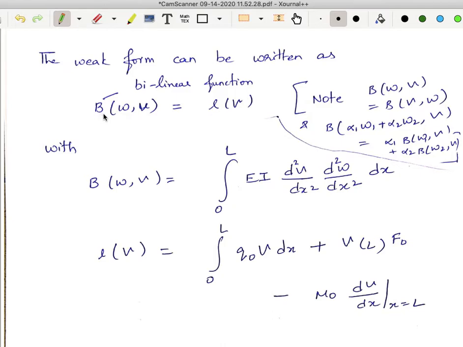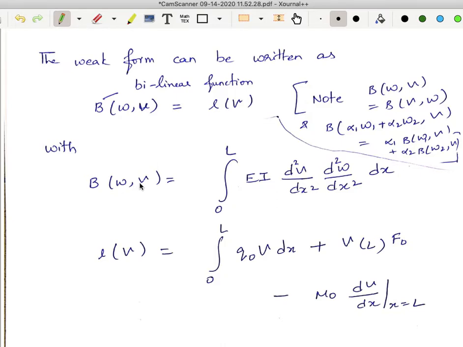The first property is that this function b is symmetric in v and w. If you replace v with w and w with v, you have the same function. There is no change.